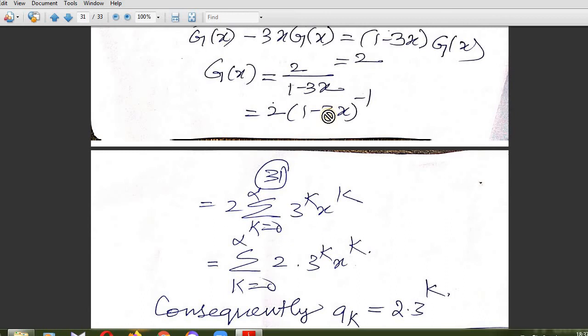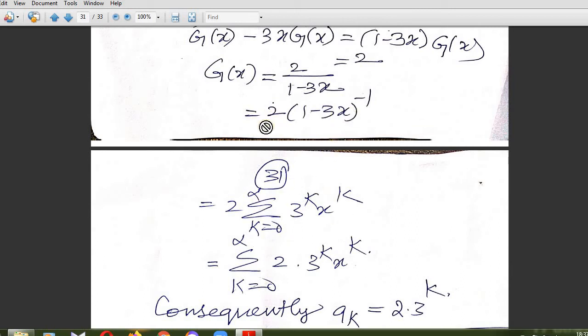Therefore, g(x) equals 2 times (1 plus 3x power 1 plus 3x squared plus 3x cube plus dot dot dot). So that is the extended form, and there is a short form of the extended form.